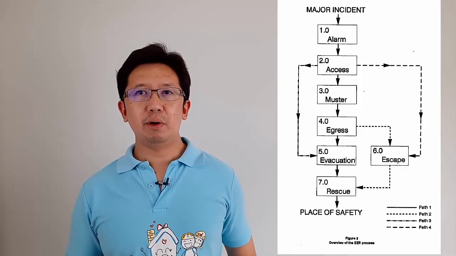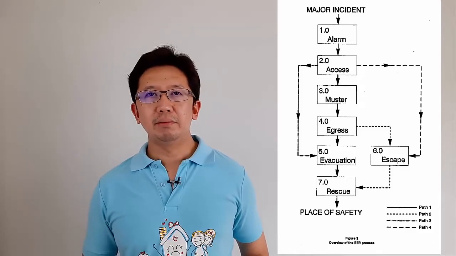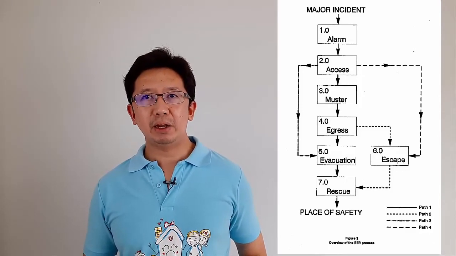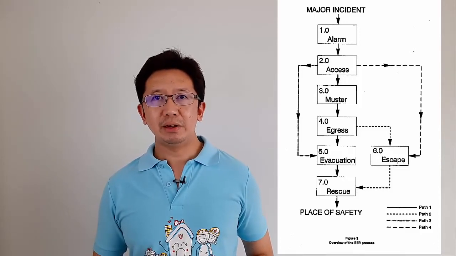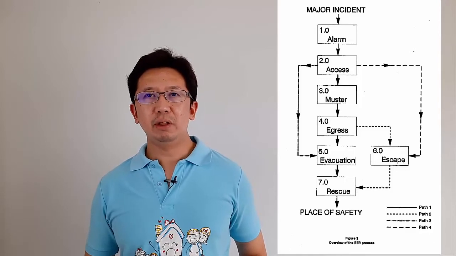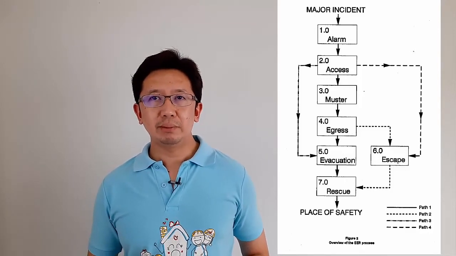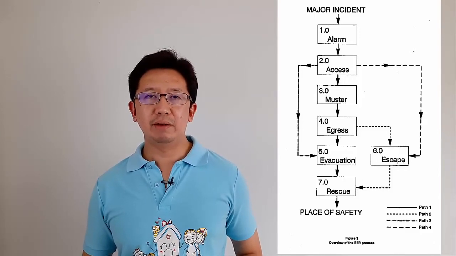Fourth, egress from the mustering point to the evacuation point. Fifth, evacuation, leaving the installation by the preferred means of disembarkation. Sixth, escape, if evacuation points are inaccessible, other means of leaving the installation are used. Seventh, rescue and subsequent recovery, where personnel are brought to a place of safety.